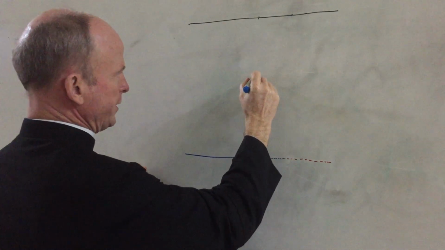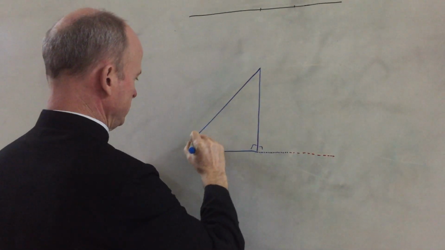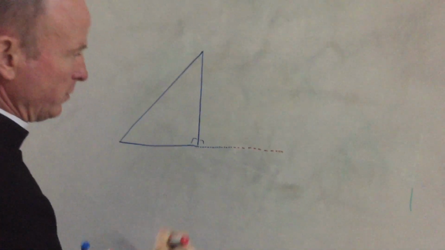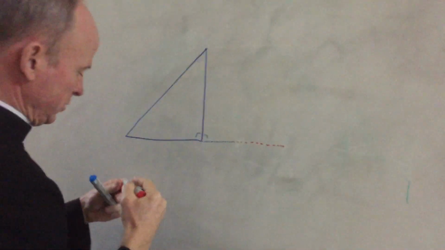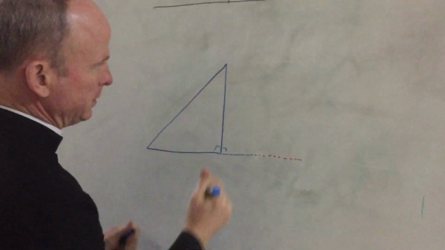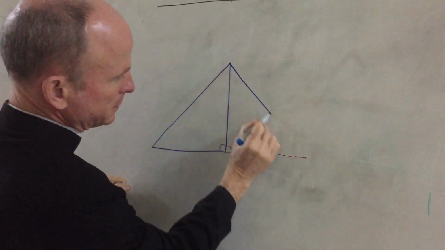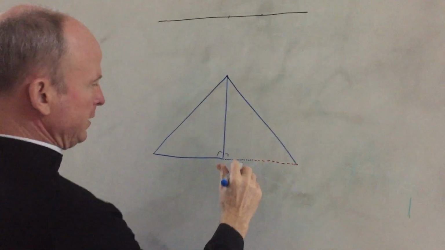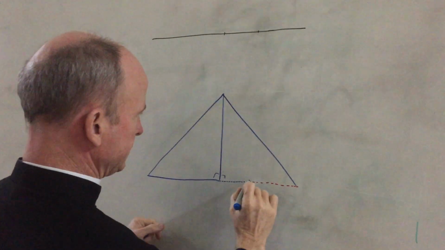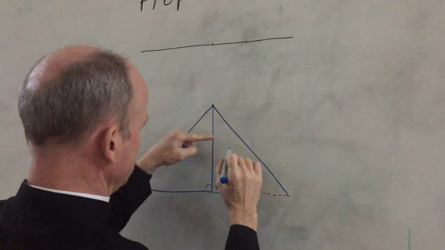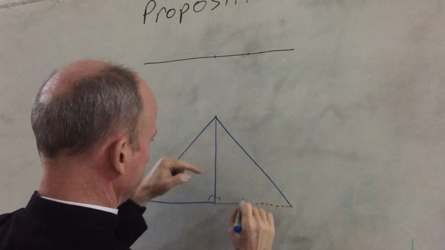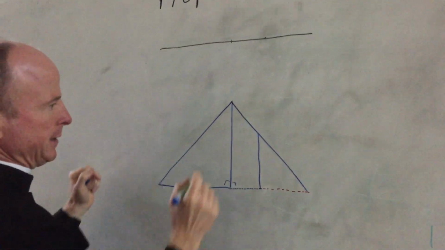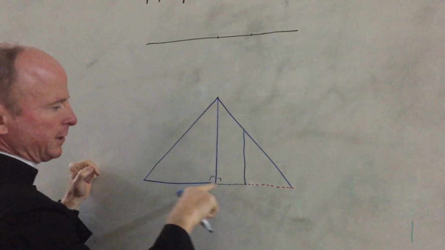Now let's connect the 2 points, and might as well connect this with red. Let's just keep using blue. Connect these 2 points. Great. Now at the point of cut, let's draw a line parallel to this.